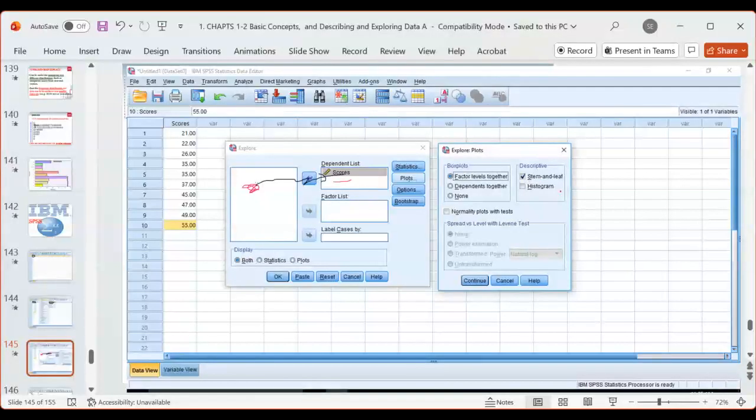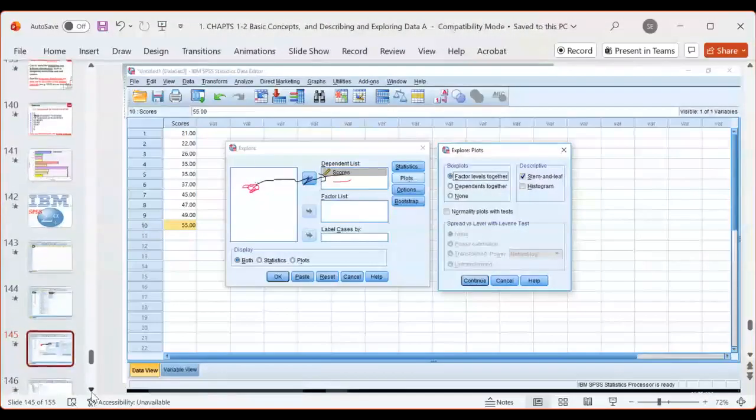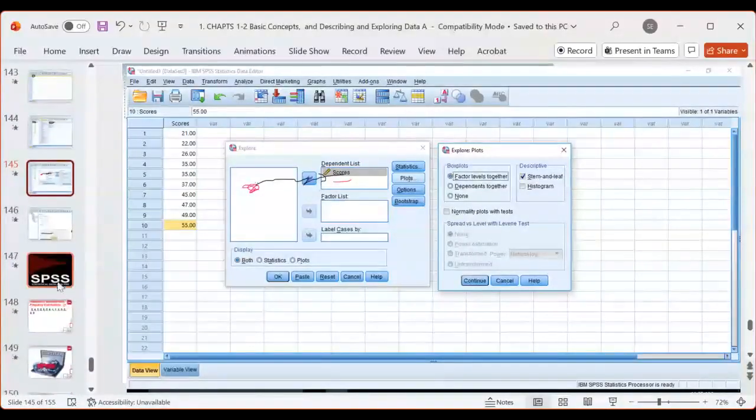And you see where it says stem and leaf. Click on that. And that's it. Then you click on continue and then click on OK, and it's done for you.